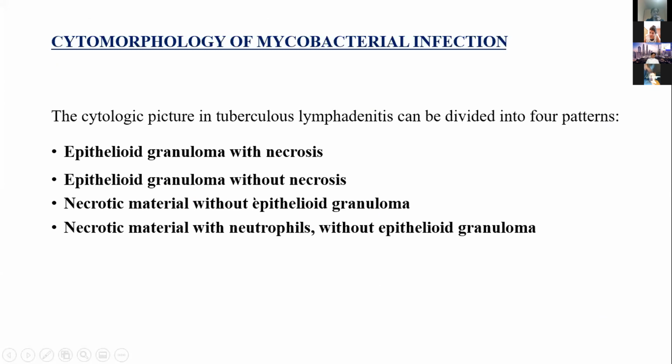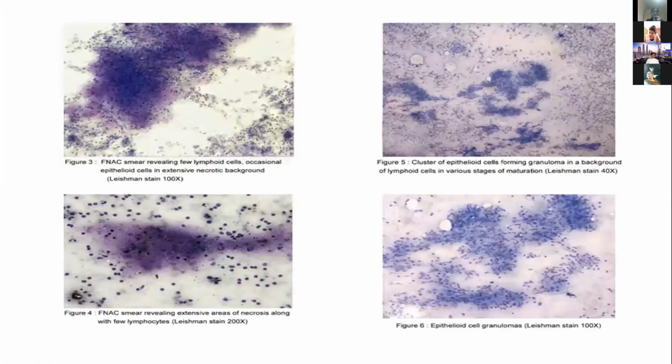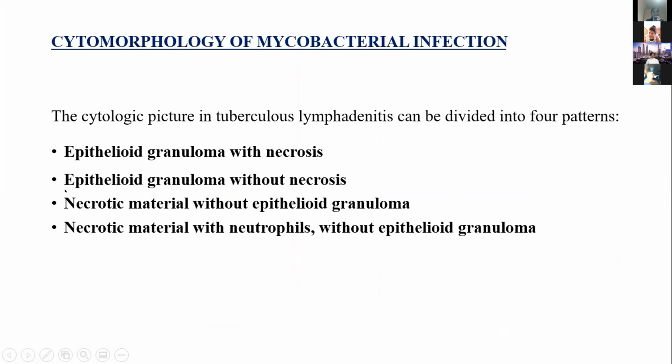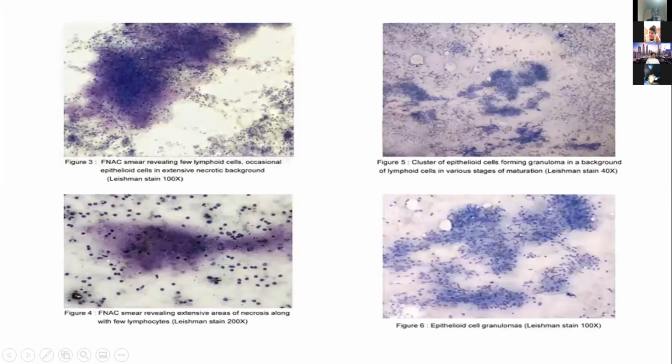Another pattern can be epithelioid cells forming granuloma without any necrosis. Like in this picture, we can't see any necrosis. Similarly, in this picture, the necrotic pattern is not so prominent. The third pattern is necrotic material without epithelioid granuloma, which is shown here.